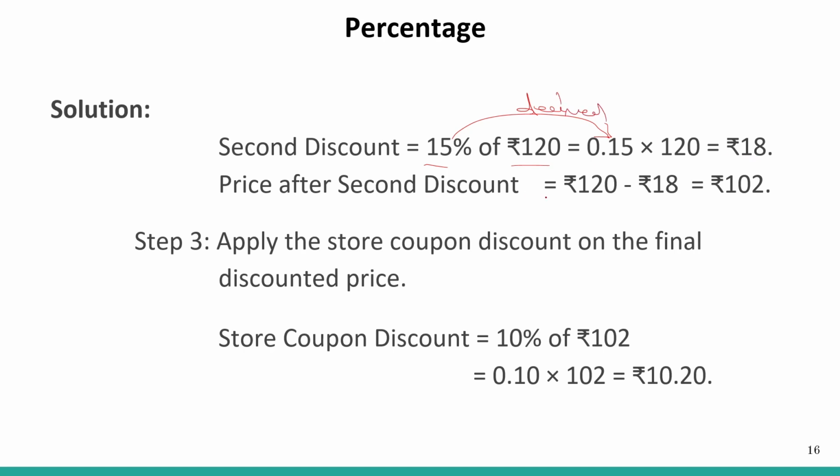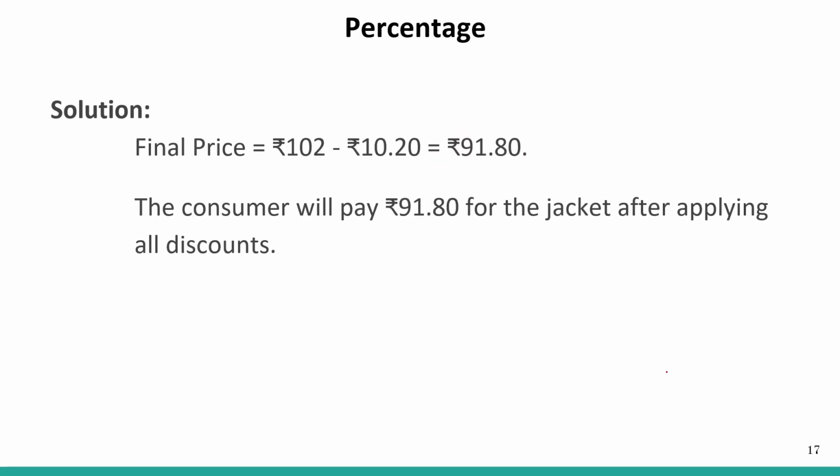So the price after the second discount is 120 minus 18, which is 102. Then we applied the store coupon discount, 10% of 102, which became 10.20, and after deduction we are left with 91.80. So 91.80 will be the final price that the consumer will pay. This is the final answer.